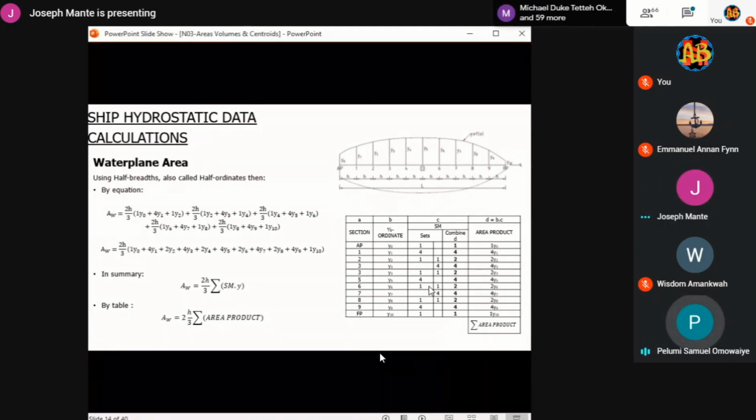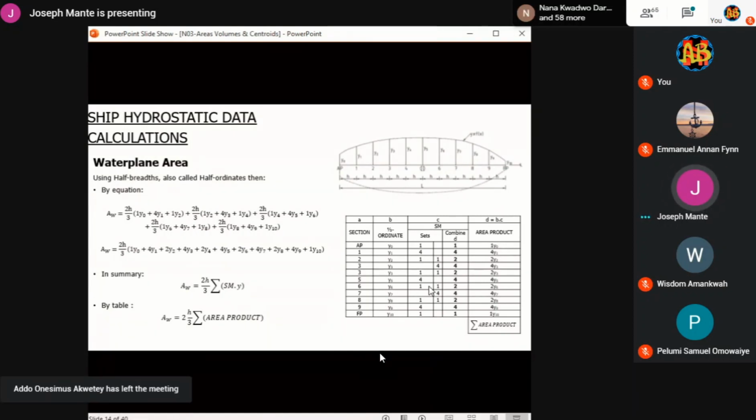Yeah, so all of those ship hydrostatic data are actually used to calculate for the stability of the ship, isn't it? Yes, in general. You have to know all this so that you'll be able to know how your vessel is stable. Other than that, we have IMO SOLAS and other standards, so they will tell you that when it's above this particular number, it means that your vessel will capsize.